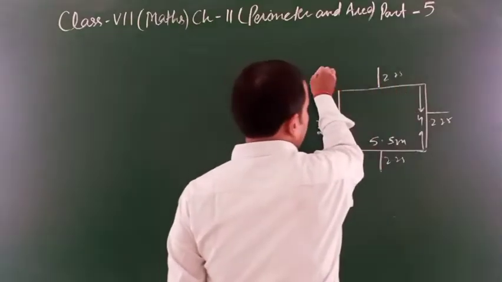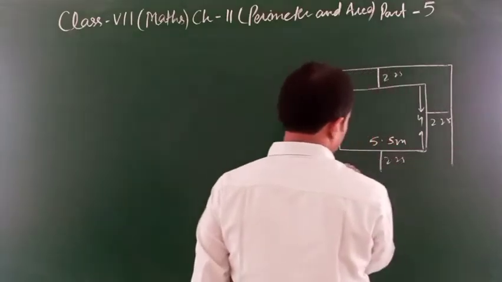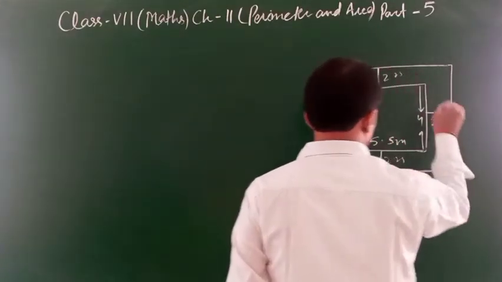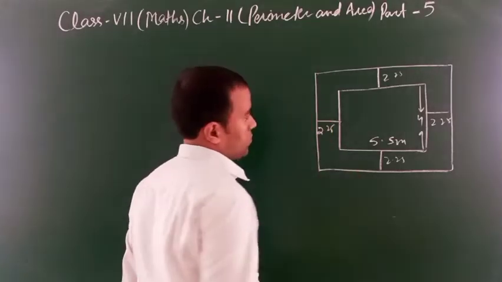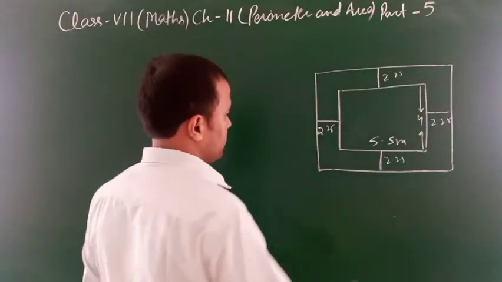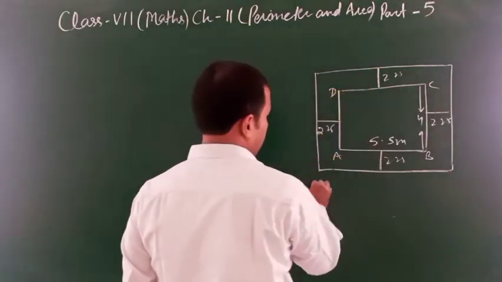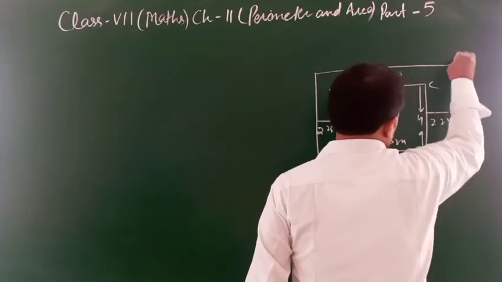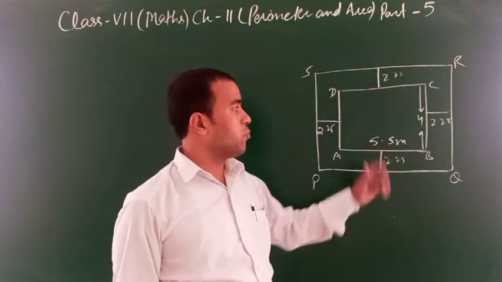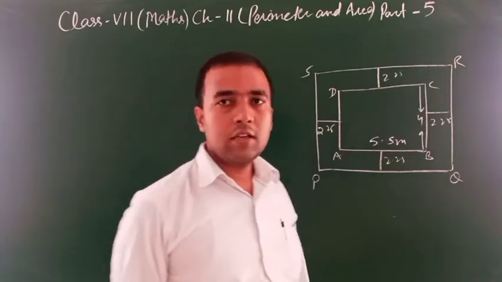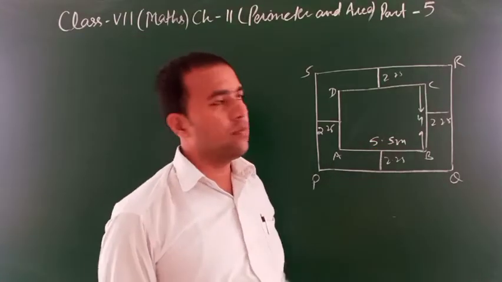Clear? ABCD, PQRS. Clear? It is 5.5, it is 4. So first of all we will find the area of the veranda ABCD.